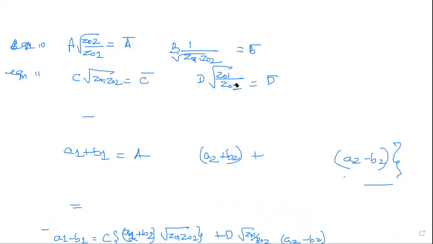Just replace it. So you'll have a bar into a2 plus b2. Similarly, this will be b bar into a2 minus b2. This equation you can consider as 12, and I'll write it once again, a1 minus b1.